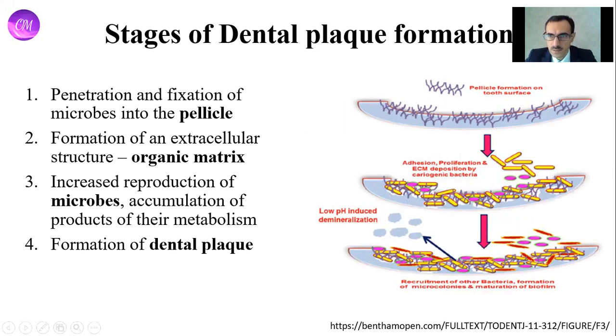And here you see the first pellicle formation on the tooth surface, then adhesion, proliferation, and the extracellular matrix deposition by cariogenic bacteria. Due to the low pH, they induce the demineralization of the tooth hard tissues, and finally we see the formation of the dental plaque.